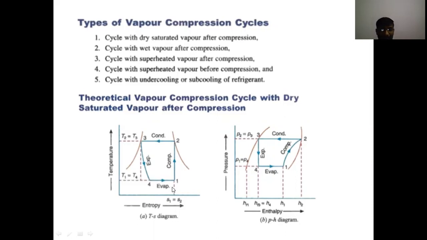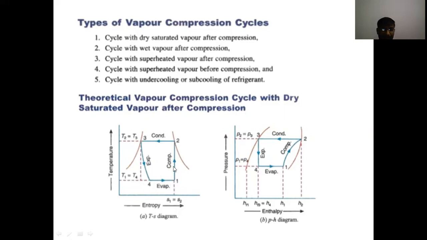So some more liquid particles are there at point 1. These liquid particles tend to absorb some heat to convert into vapor, but at this condition only we are compressing. This compression process is called wet compression, because we are compressing the wet vapor.